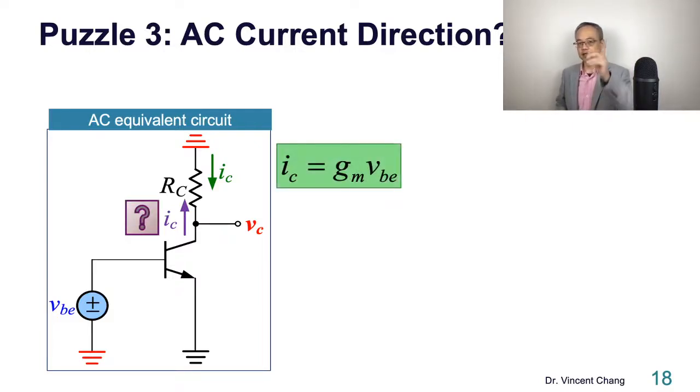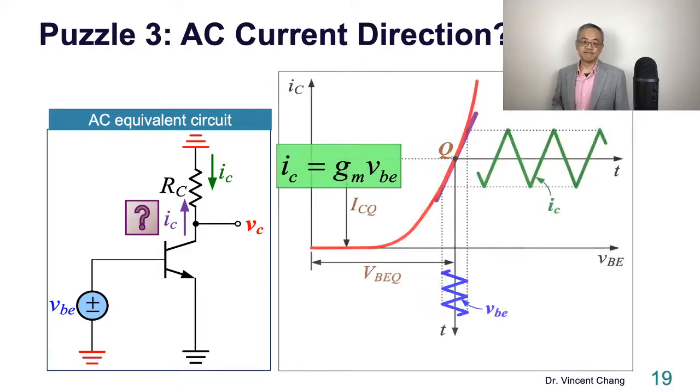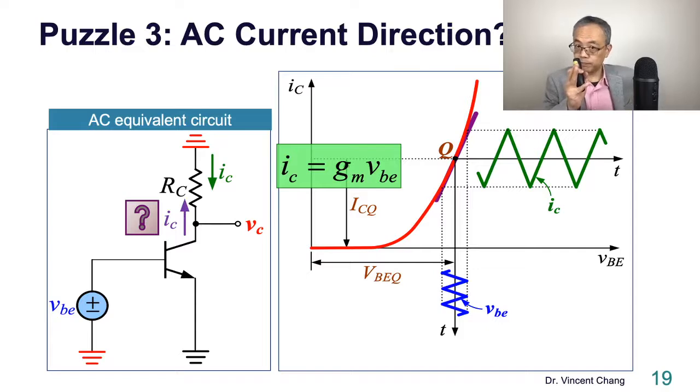Here's the answer. If you take the green, that means IC equals gmVB. We prove this. What do you mean by IC equals gmVB? gm is positive or negative? The polarity of the slope is positive, right? The slope is positive. What's the meaning of positive gm?